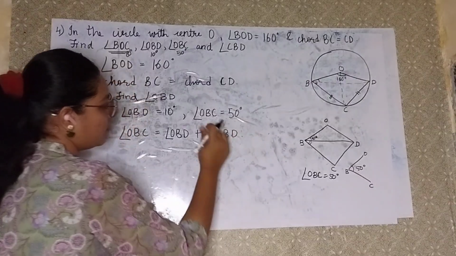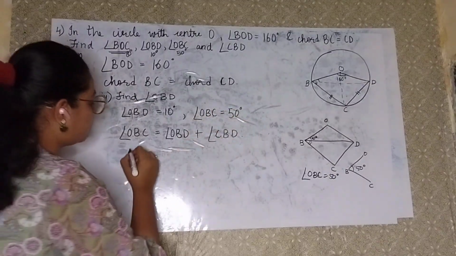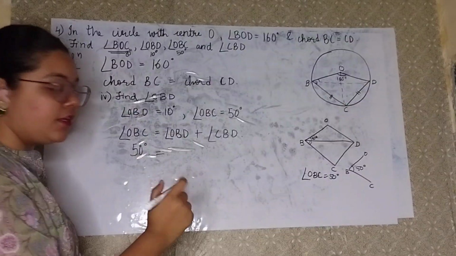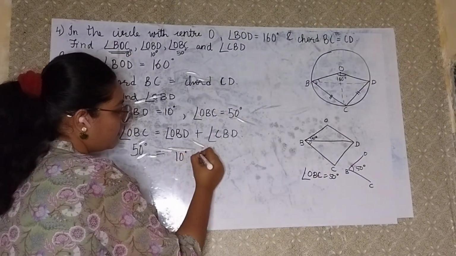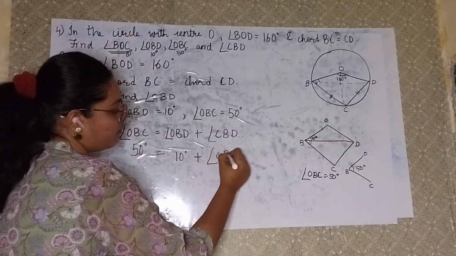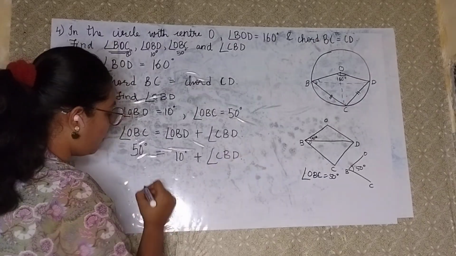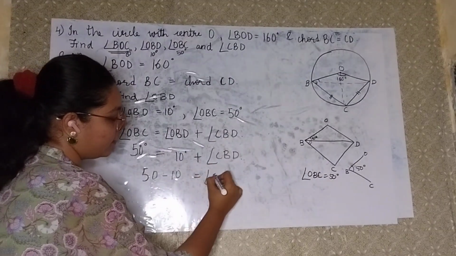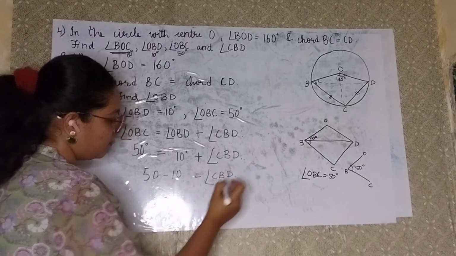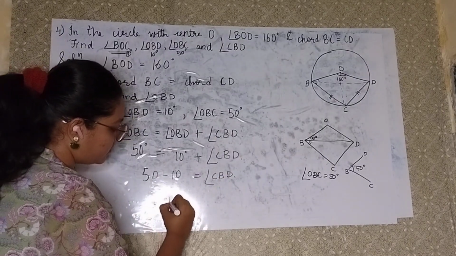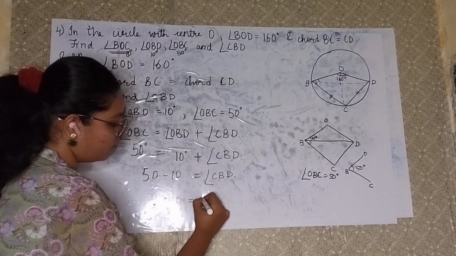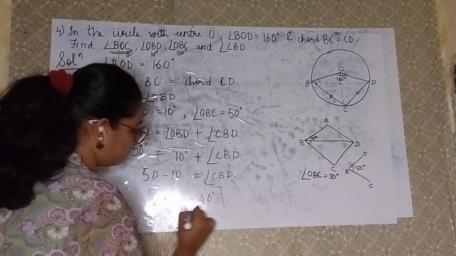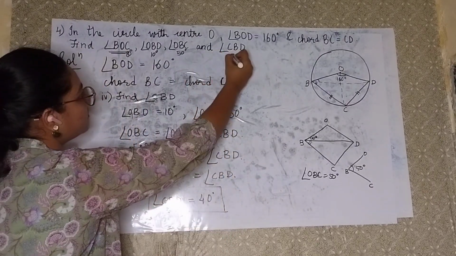OBC is 50 degrees, so substitute 50, OBD is 10 degrees, plus angle CBD. Now 50 minus 10 equal to angle CBD, and at the end I get CBD equal to 40 degrees. This is the last part, which is 40 degrees.